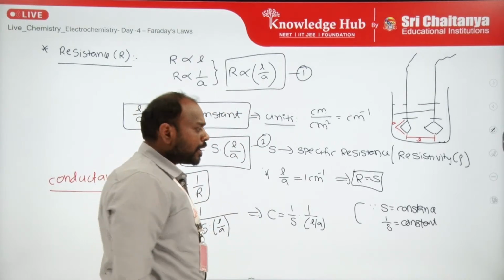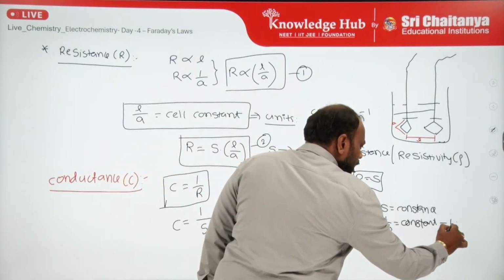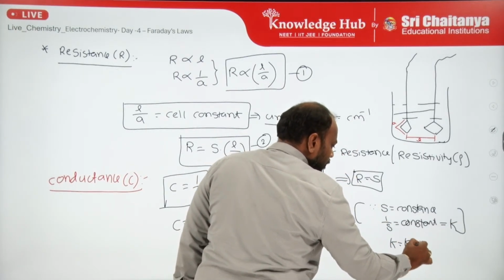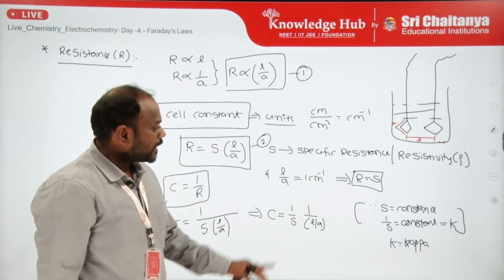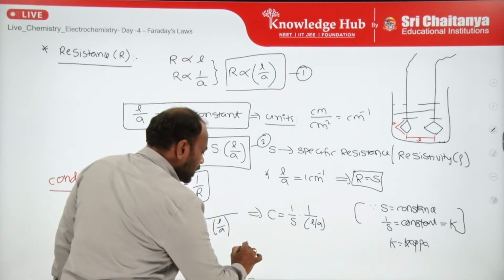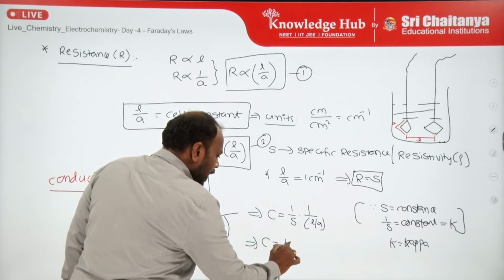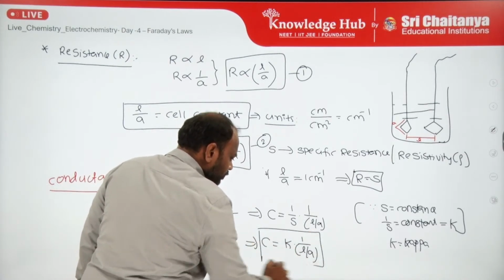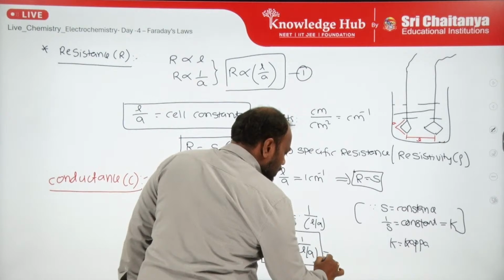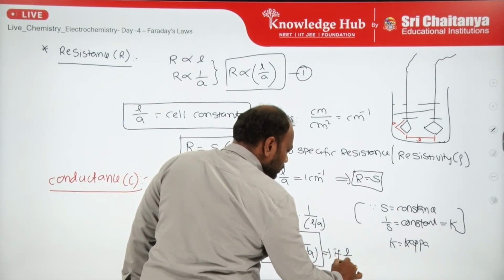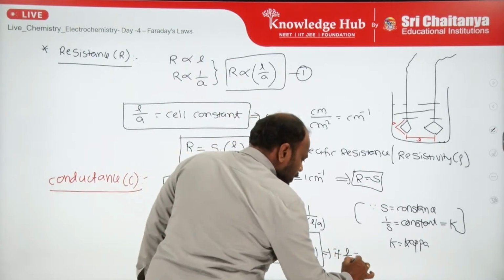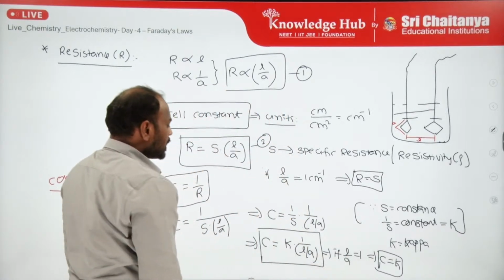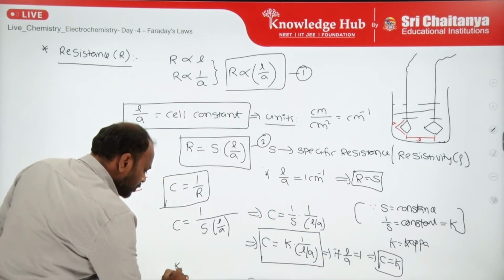So in place of 1 by S, we can use K. K is nothing but kappa. Okay, instead of 1 by S, we can substitute K. See here, C is equal to K into 1 by L by A. If L by A is equal to 1, then C value is equal to K. Here K is nothing but conductivity.